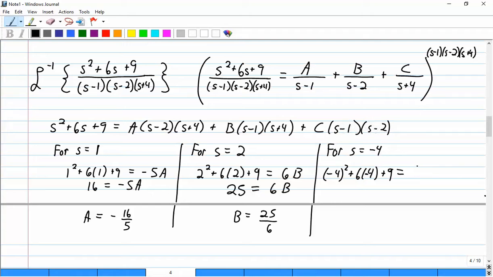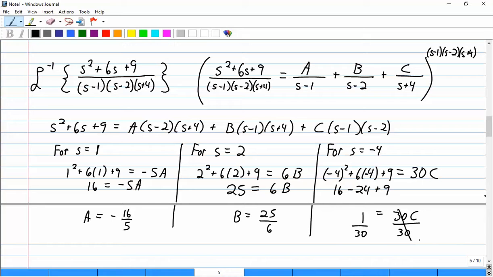So that would be -5 times -6 is 30c. So that's 16 minus 24 plus 9. That's 25 minus 24. So that's 1 equals 30c. So c equals 1 over 30.